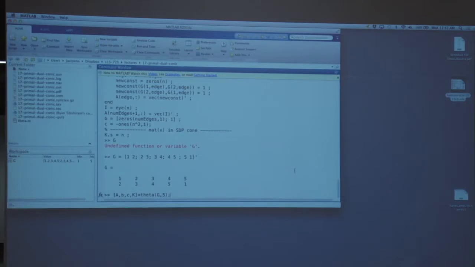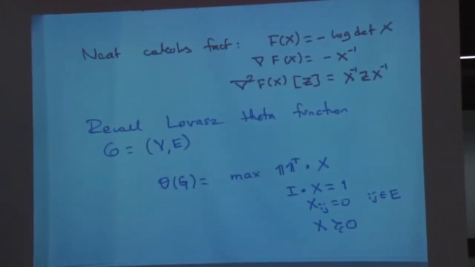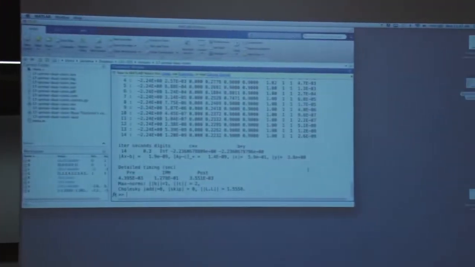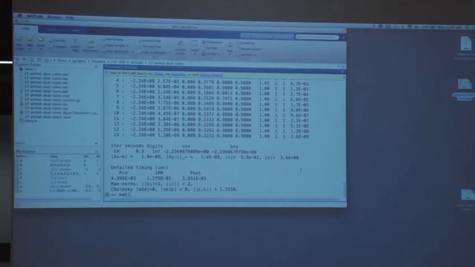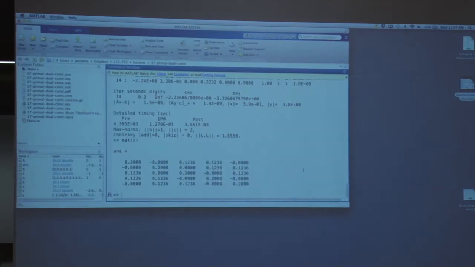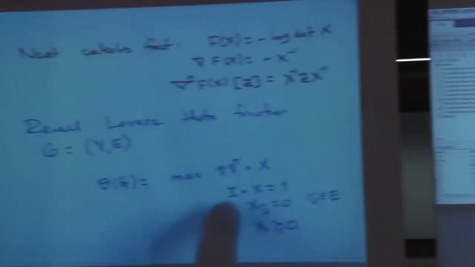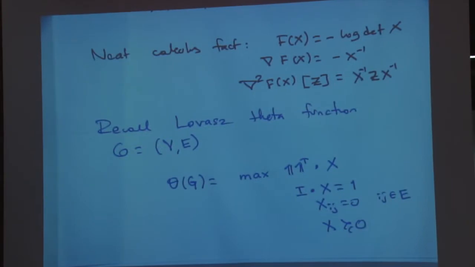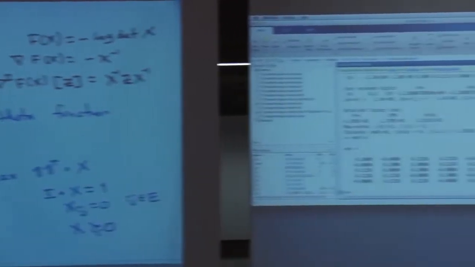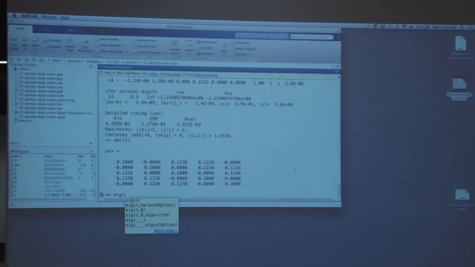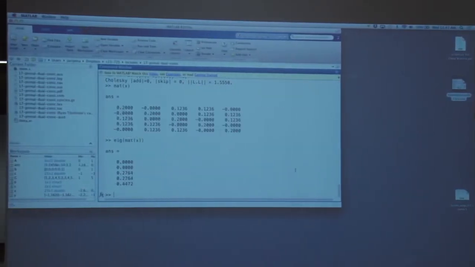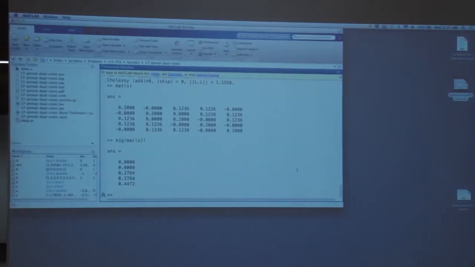So it builds C, A, and B. Now, if I want to solve this, then if I look at mat x, that is the solution to this semi-definite program. Just for a reality check, if you look at the eigenvalues of mat of x, they're all positive because they have to be, right? It's a positive semi-definite problem.